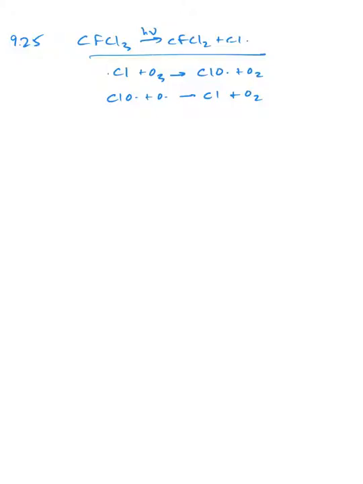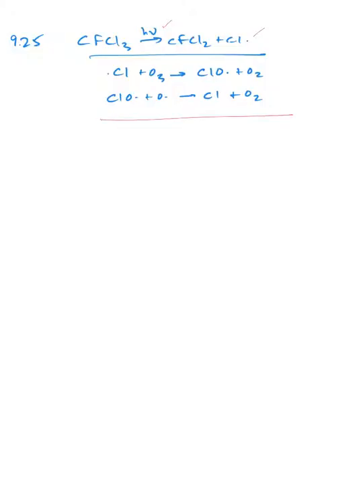This CFC is dissociated when it gets hit by some ultraviolet light to create a chlorine radical. You can see that this populates the stratosphere with some chlorines, although it's not part of this reaction, we're told. Basically, they want us to figure out the overall reaction of these two steps here.